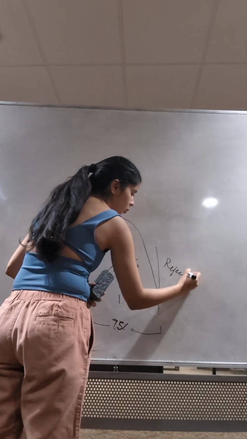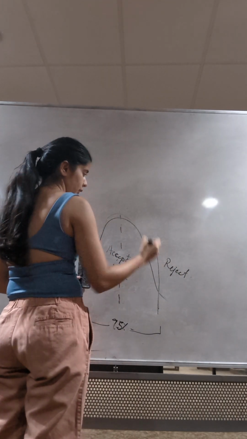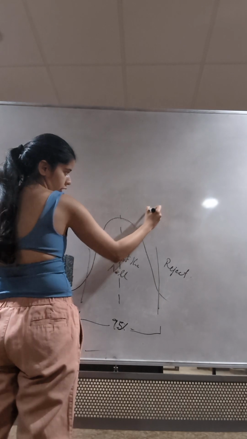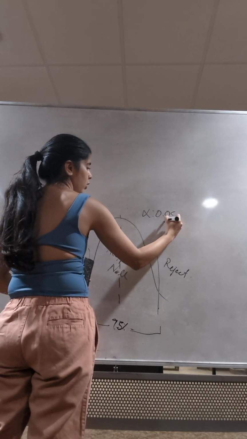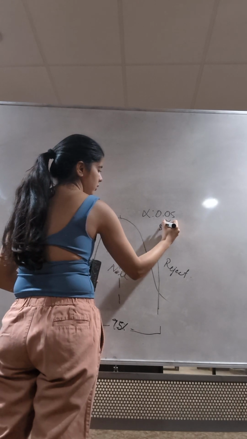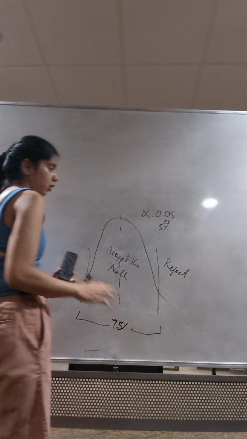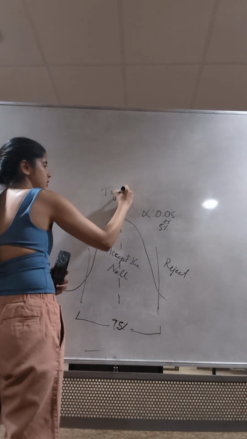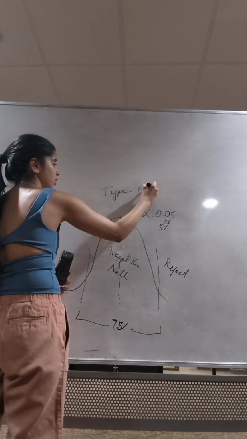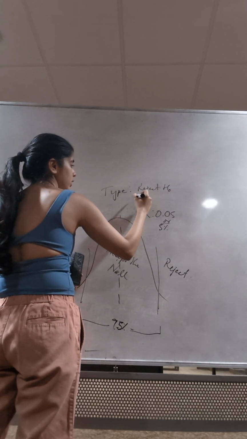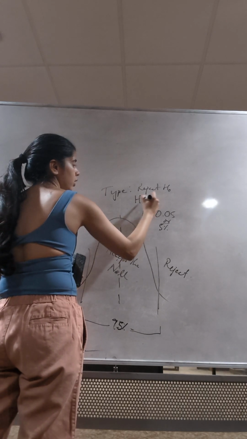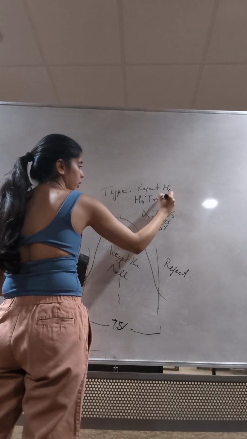Okay, so what does our type 1 error say? Over here the alpha value will be 0.05 or 5%. Now our type 1 error says that we have rejected the null, and in reality the null is true.